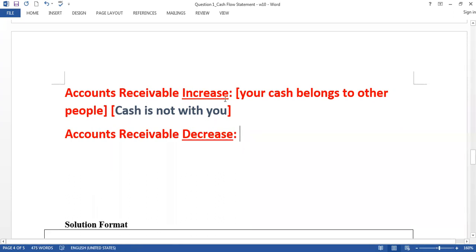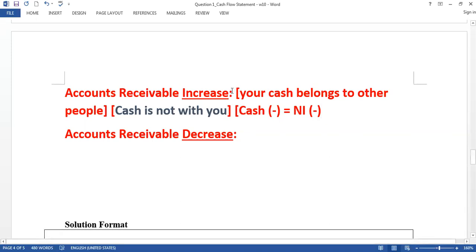If accounts receivable increase means cash is not with you, then if cash is not with you, your net income is increasing or decreasing? If you want to make it equal, net income is also decreasing, right? Because cash and net income should have an equal sign.